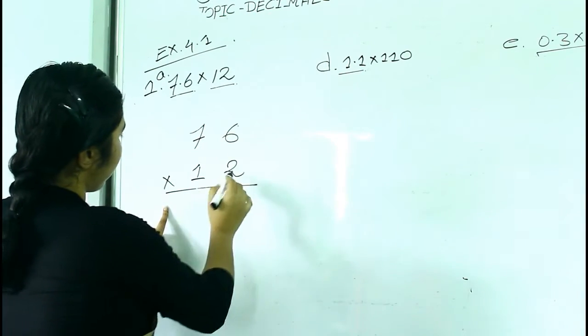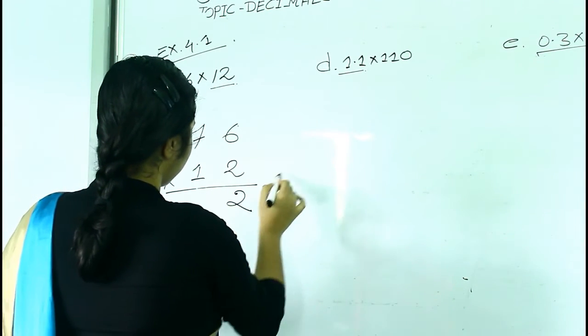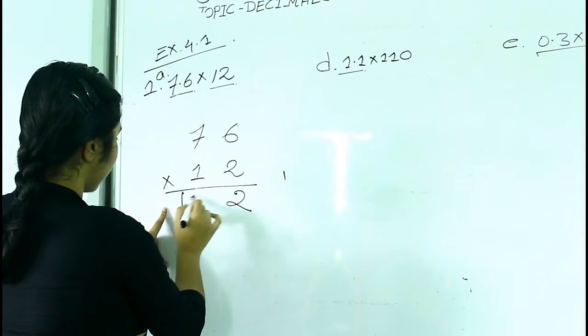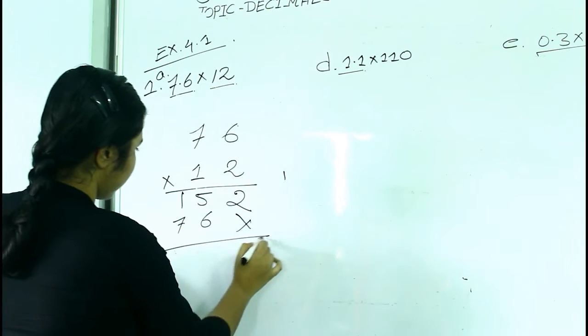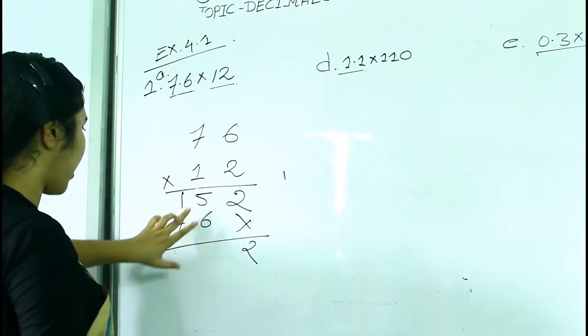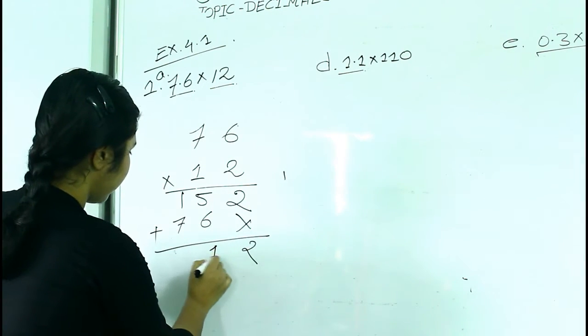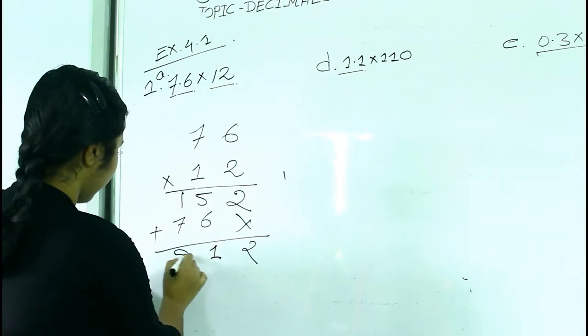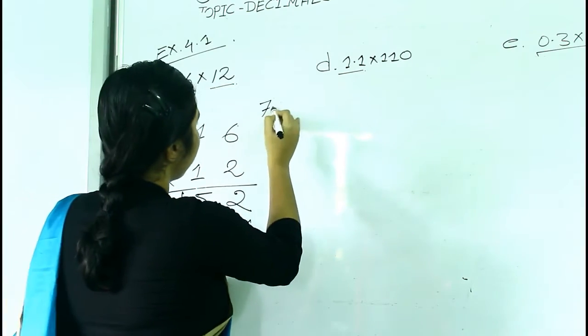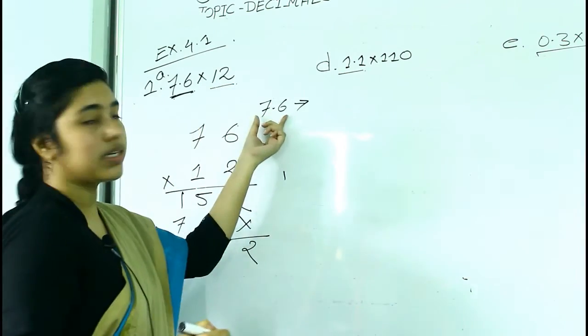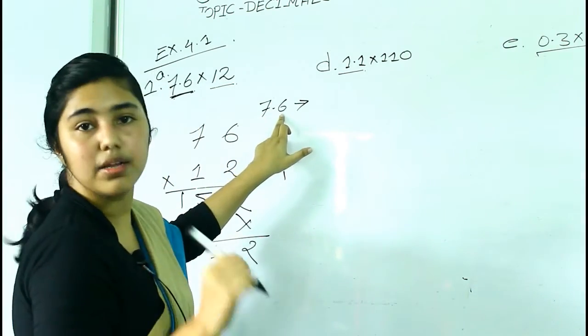So first multiply 6 into 12, 72, add 7, 9. Now look at this decimal number 7.6. Here it has one decimal place.